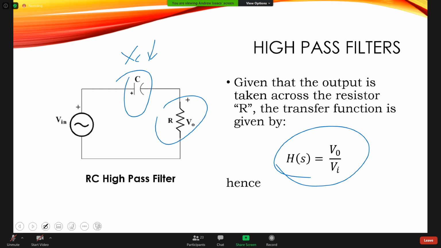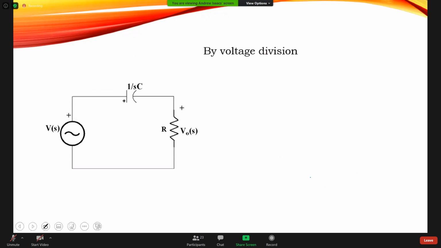So the first thing we want to do is, in the frequency domain, again, we're using the voltage divider.